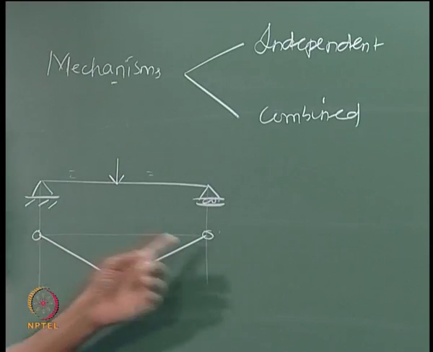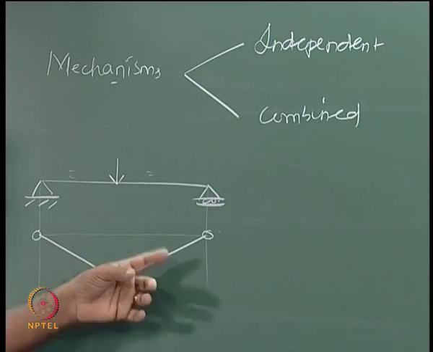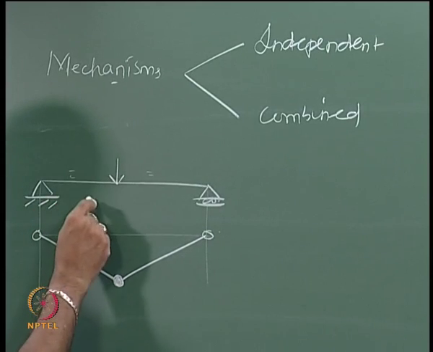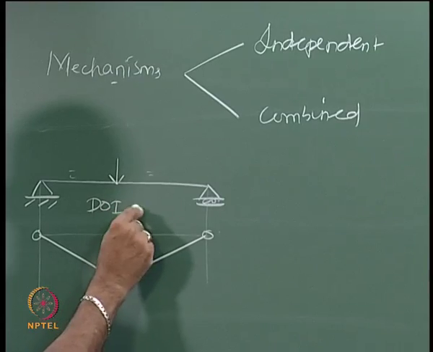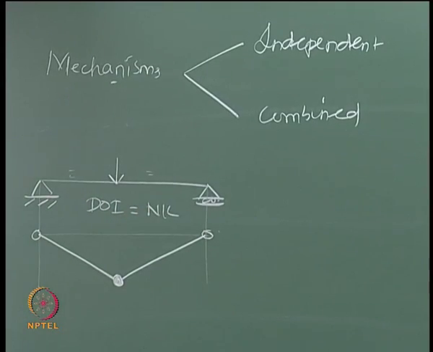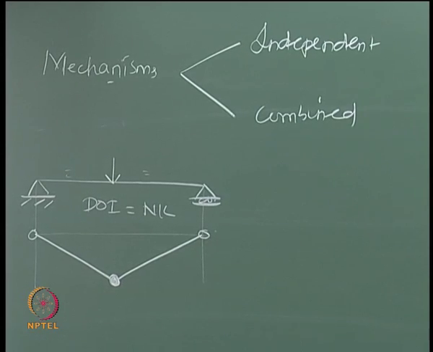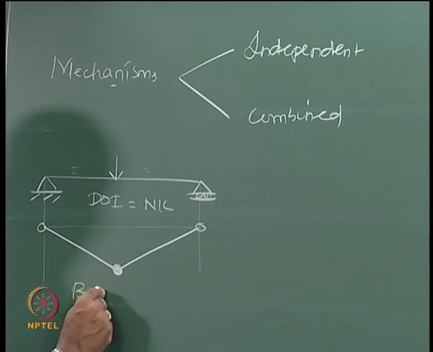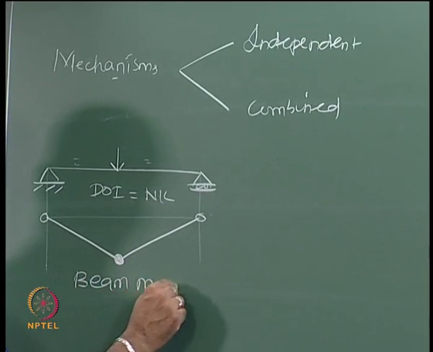I think you now understand how I am drawing the plastic hinges and structural hinges. Why I am drawing one hinge? Because the static degree of indeterminacy for this beam is 0, is it not? It is a determinate structure. So, I need only one plastic hinge to make it a mechanism. This mechanism is what we call as beam mechanism.